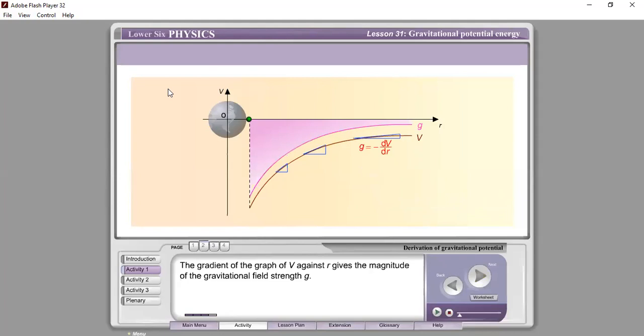The gradient of the graph of V against R gives the magnitude of the gravitational field strength G. G equals negative dV over dr.